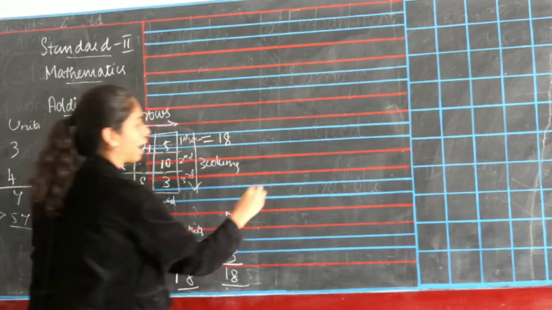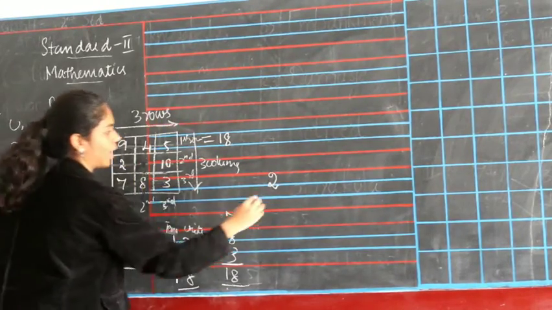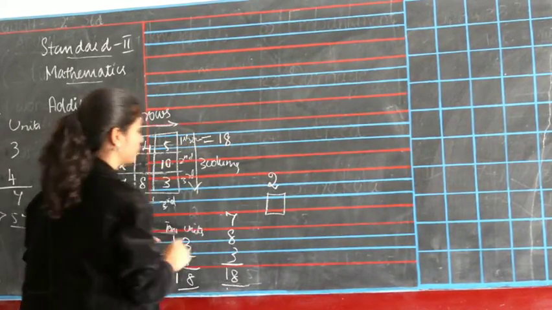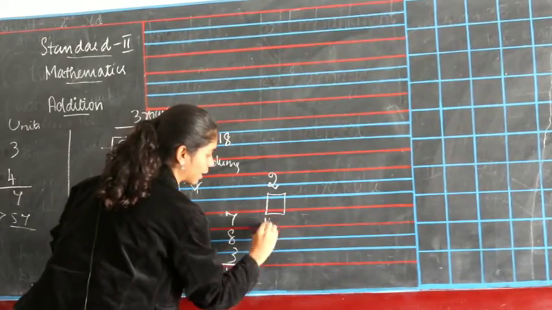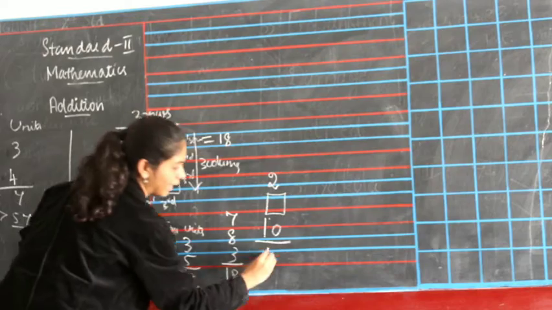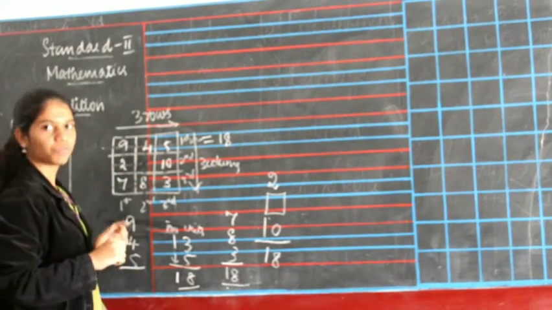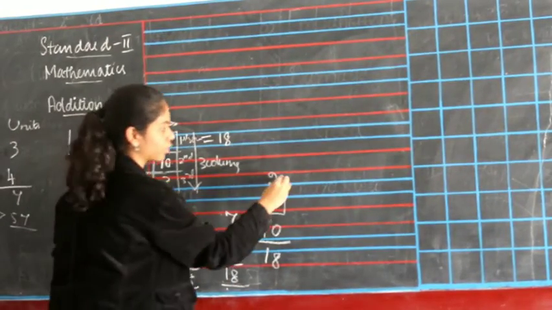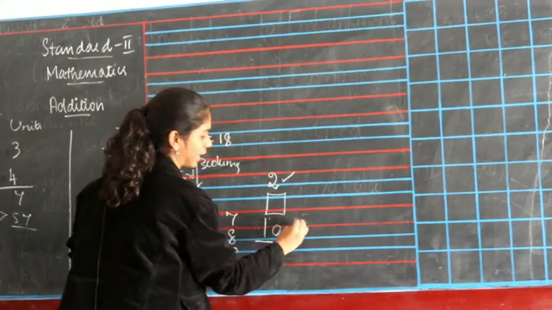Okay, so here you have 2 and here you have a box and here you have 10. First, so the total should be 18. Okay, first what you are going to do is you are going to add 2 and 10.